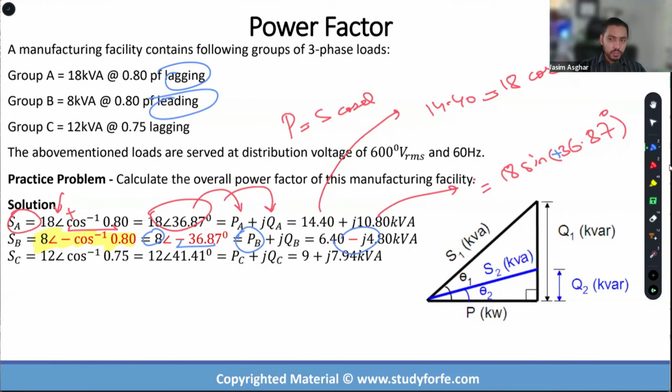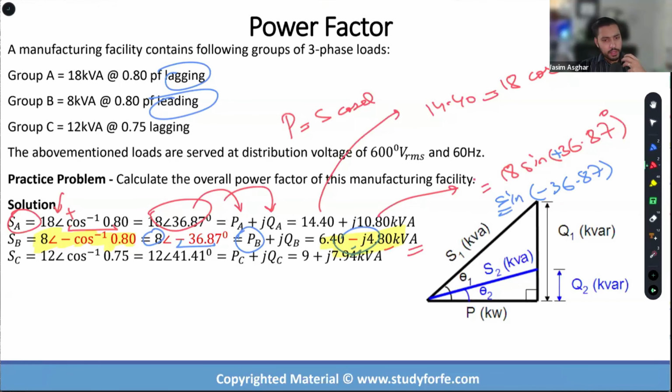But if you don't handle the negative sign over here, 36.87 for the sine function, the sine function is going to result in a negative, because the sine of negative theta is equal to negative sine theta. And this can make the whole difference between you scoring a point on the exam on this question or losing a point, because this component, because it's leading, is going to subtract.